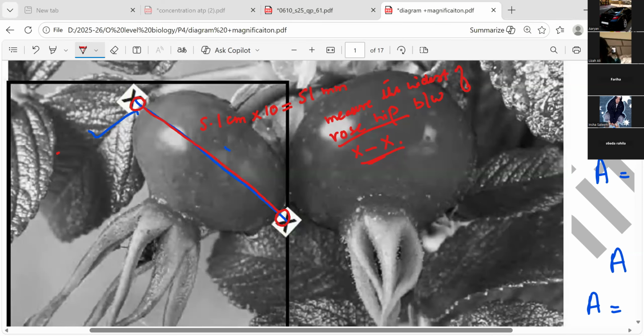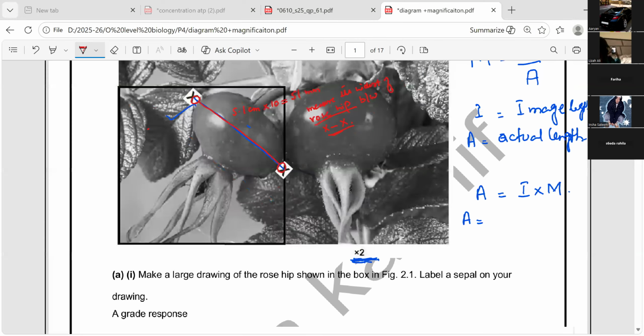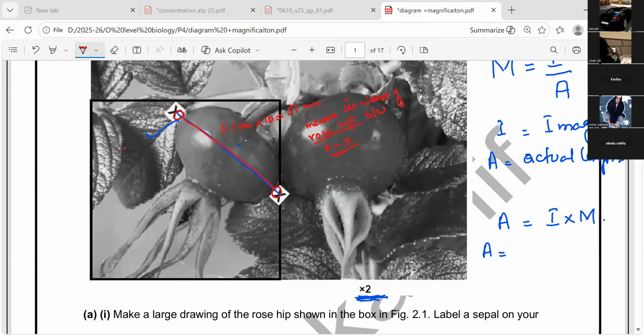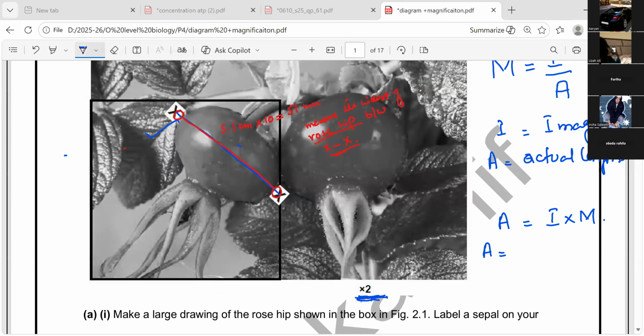So what is the image length of the rose hip? It is 51. How much is it magnified? It is 2 times magnified.